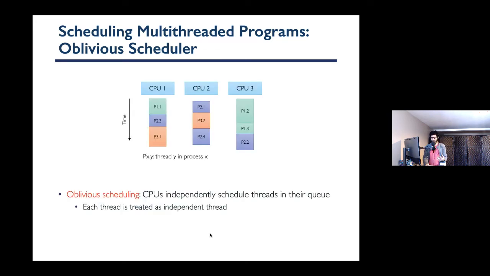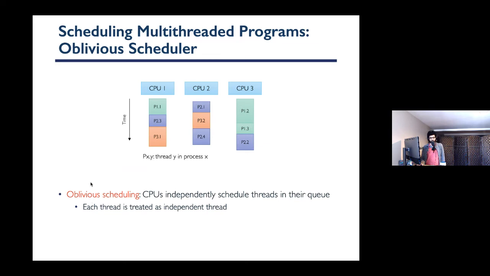The answer is actually no. So far, we talked about oblivious scheduling, meaning that we didn't care about the dependencies between threads. We treated them as independent units of work, and I can run them whenever I want, as long as they're ready. Is that so?